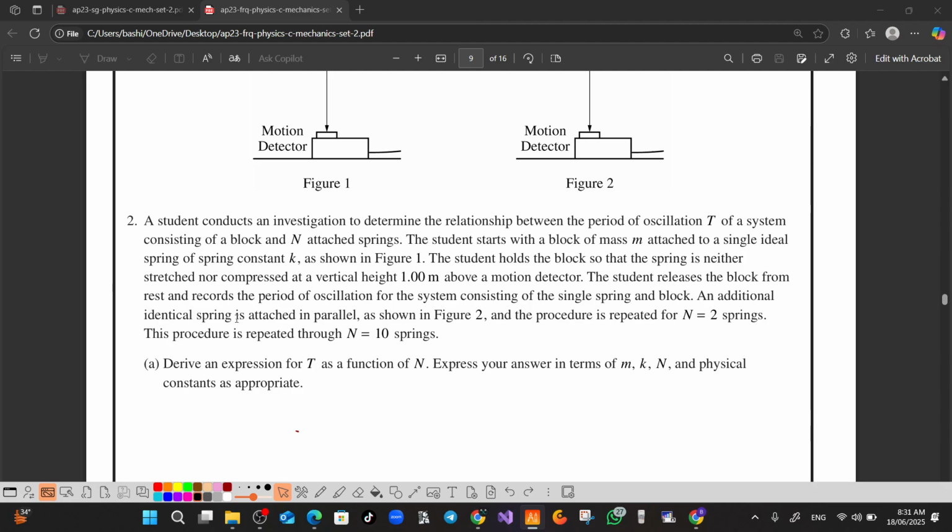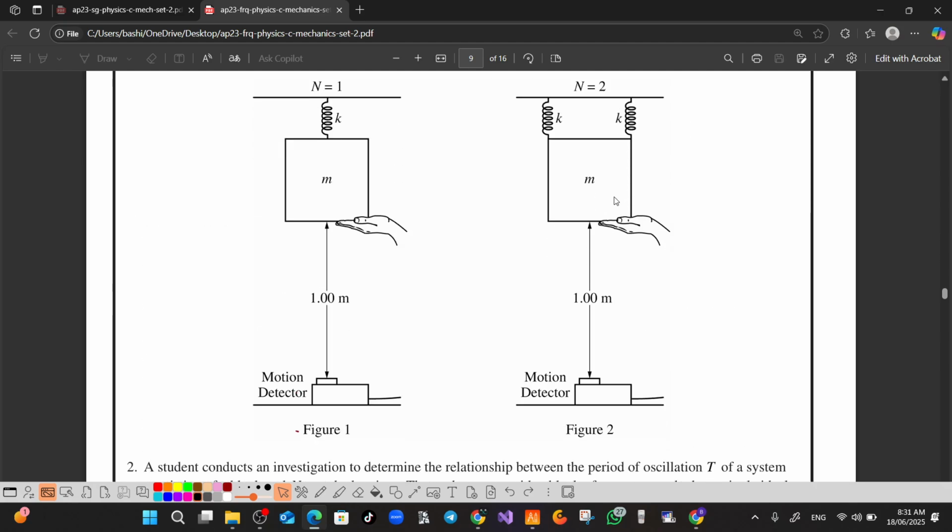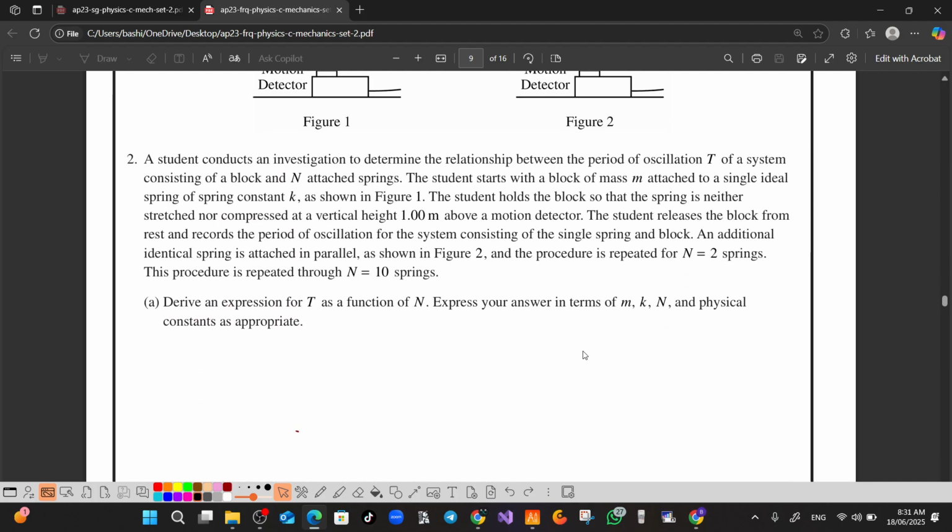An additional identical spring, so the same K, is attached in parallel as shown in figure 2. So in figure 2, what do we have here? We have the same mass, the same spring, but now in addition to this spring, we have another spring with the same K and a motion detector below.